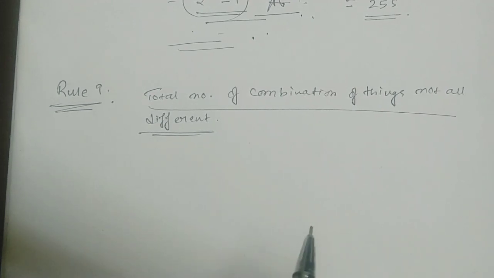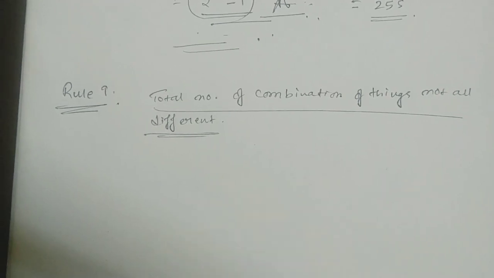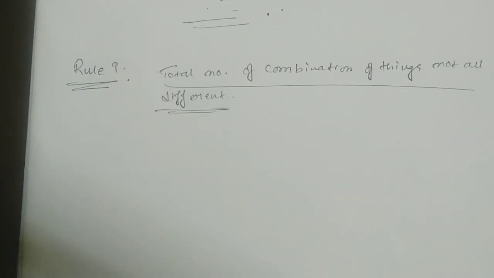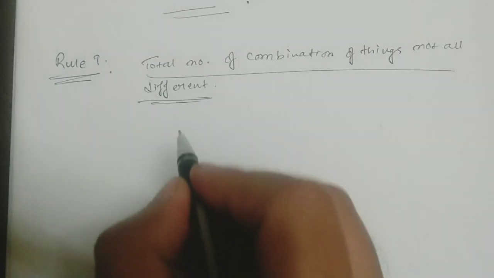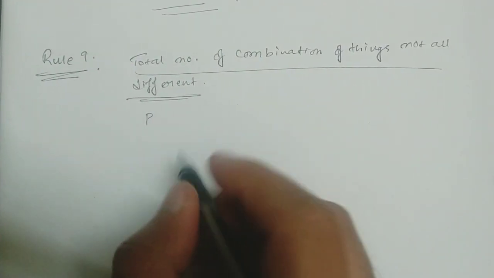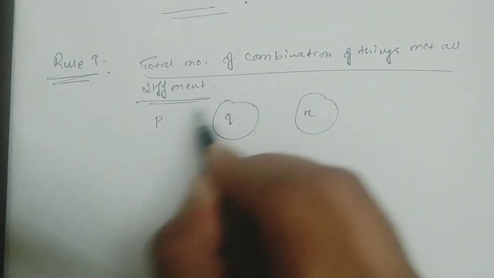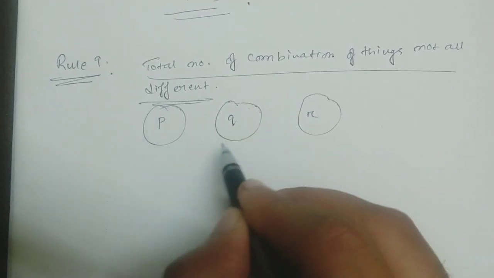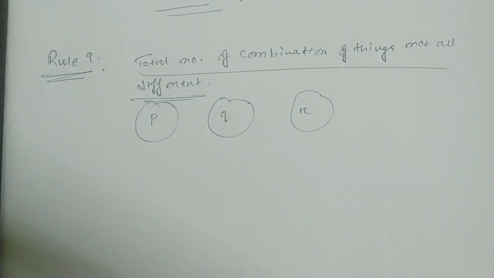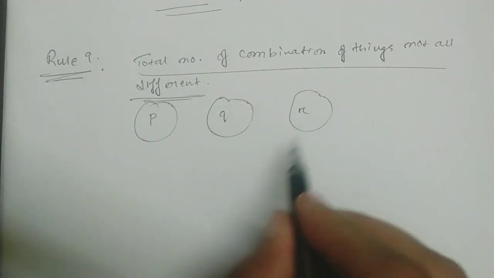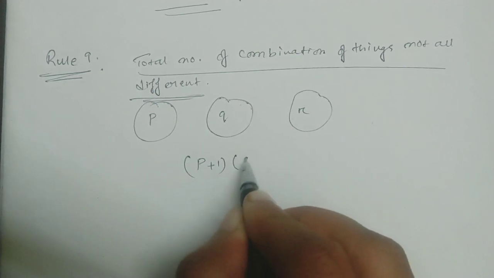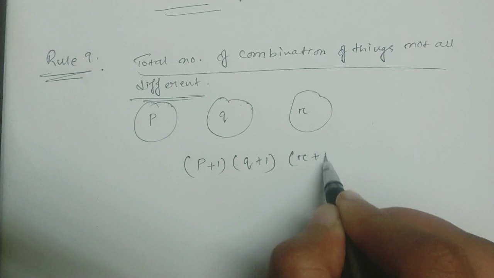the items are similar. Okay, when they are similar, what formula do I apply? Can I just do it with nCr? Not necessarily. Okay, so at this time what is the formula that we should be applying? Suppose there are P things of one kind, Q things of another kind, R things of another kind, a group of each, where everything in the first is like P, everything in the second is like Q, everything in the third is like R. In that case, what do I do? In such cases my formula would simply be, if I only have three kinds, (P plus 1) into (Q plus 1) into (R plus 1).